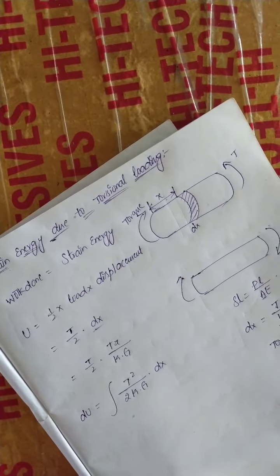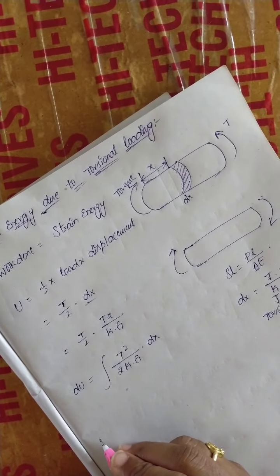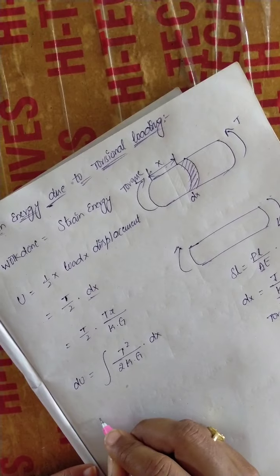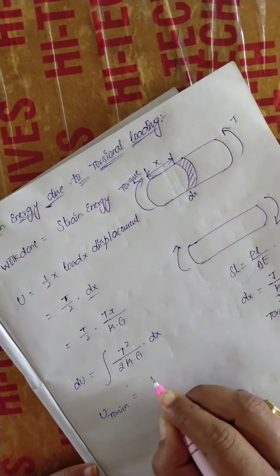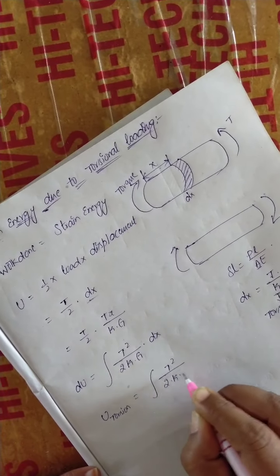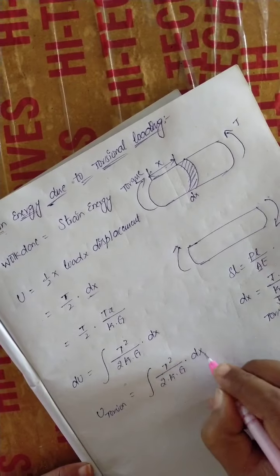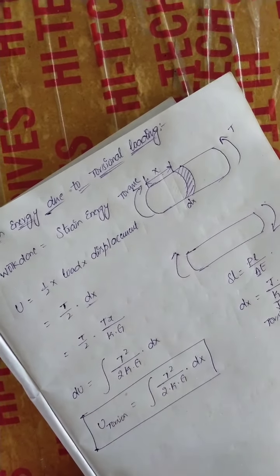Now the total strain energy due to torsion, U torsion, is equal to integration of T square by 2KG into dx, a simple formula, no need to struggle for this one.